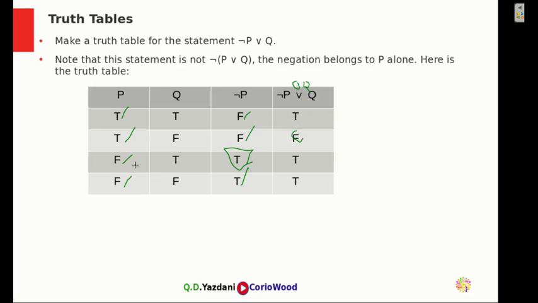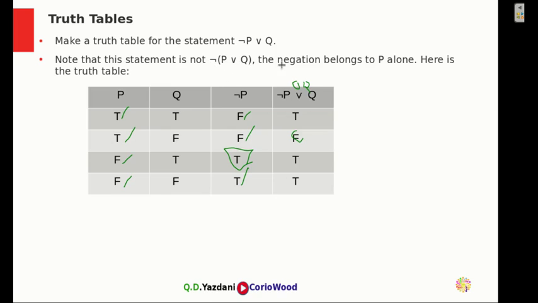If not p is true and q is true, then it becomes true. And if not p is true and q is false, it becomes true. So that's the truth table for not p or q.